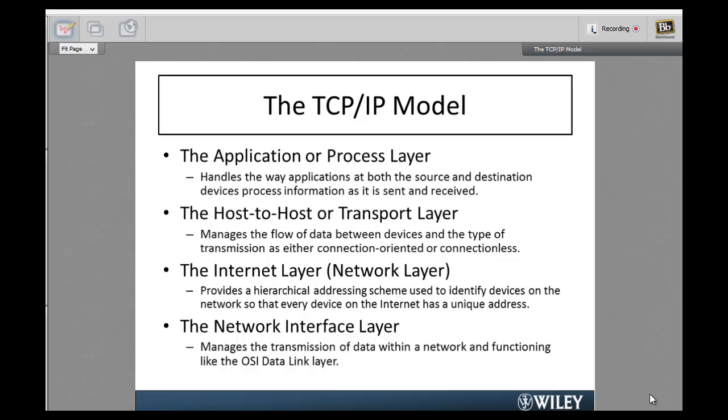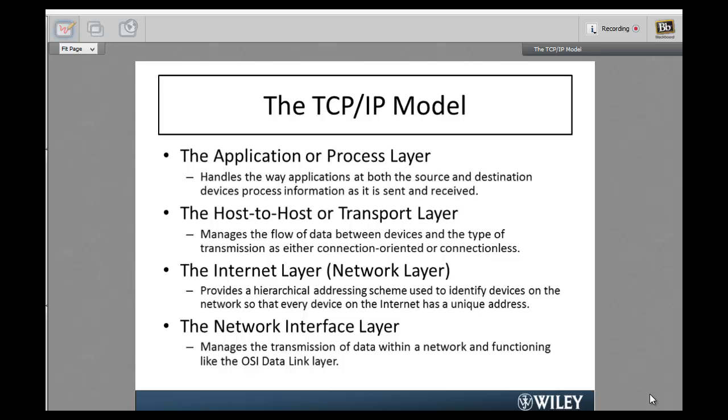And this will be the TCP. Actually, it will have the same functions as OSI, but with this new organization. So the application or process layer will handle the way applications at the source and destination devices process information as it's sent and received.